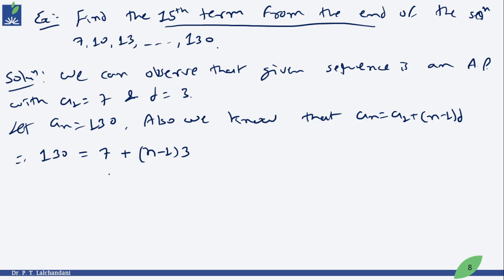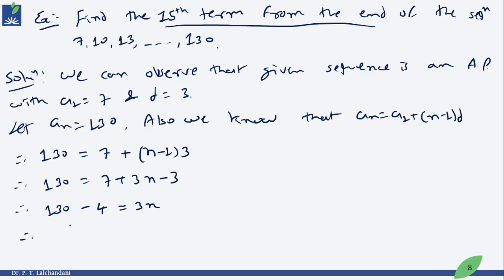Let us simplify. 130 is equal to 7 plus 3n minus 3. So 7 minus 3 is 4. Taking 4 to the left hand side, it will be 130 minus 4 equal to 3n.